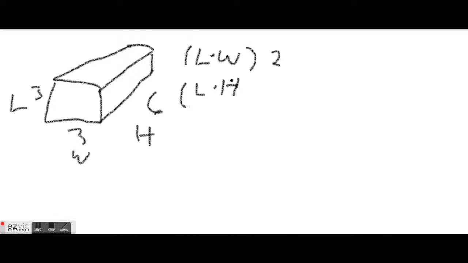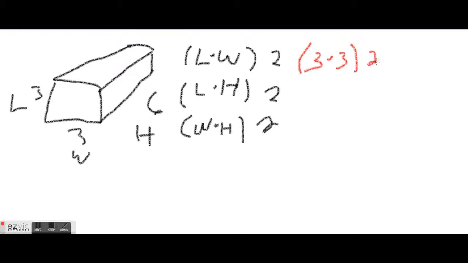The length is 3, the width is 3, and then we have to multiply that by 2. Next is the length is 3, the height is 6, and we have to multiply that by 2. Next is the width, which is 3, and the height is 6. Multiply that by 2.